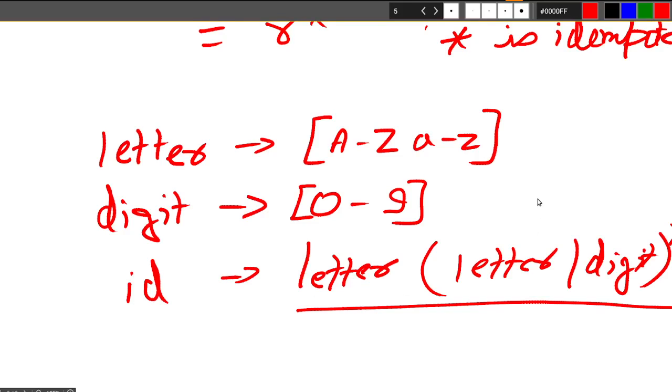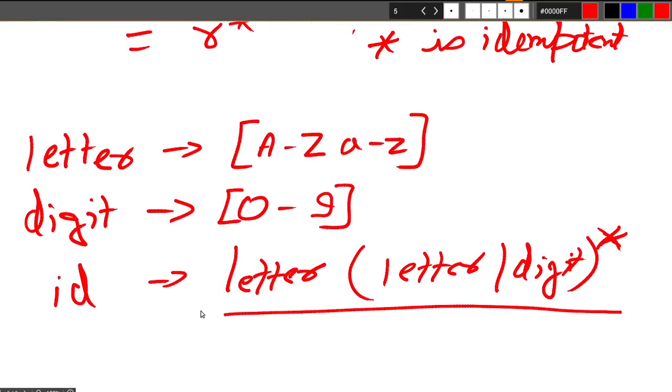If I am writing like this, ID is one letter and after that any number of letters or digits. Is it acceptable? Yes, this is the way you can specify a pattern for an identifier.